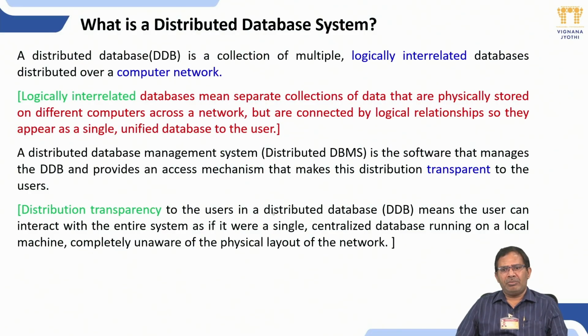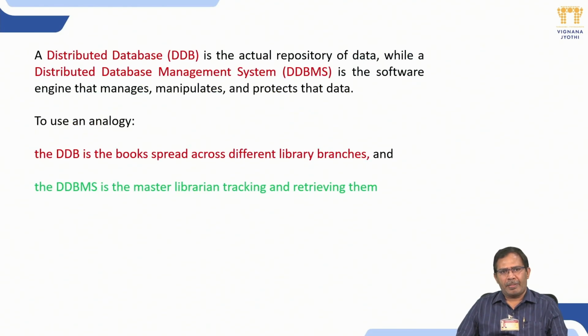whereas the distributed DBMS is the software that manages the distributed database and is used to store, manipulate, and retrieve the data based on user need. The distributed database is the actual repository of the data, while the distributed DBMS is the software that manages, manipulates, and protects the data demanded by the user based on the context.